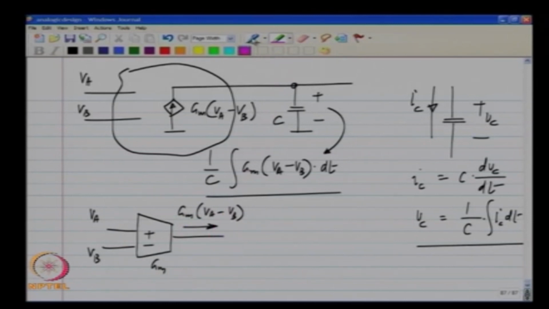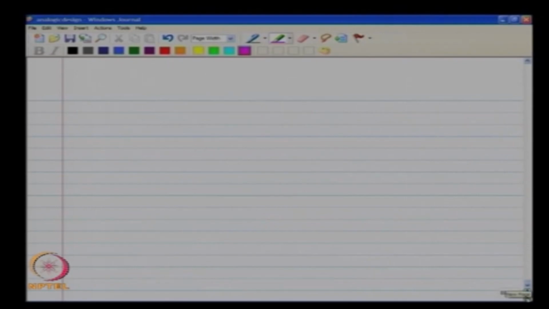So, this is the voltage controlled current source or a transconductor, okay, and this value G m is the transconductance of this transconductor. Okay. Now, I will rewrite my integrator using this symbol.